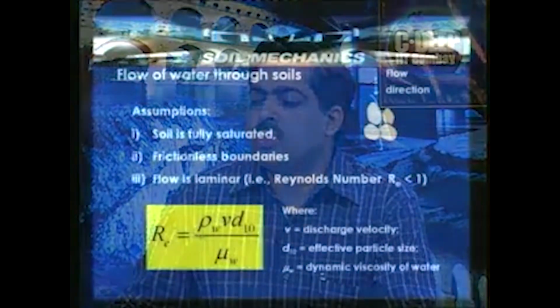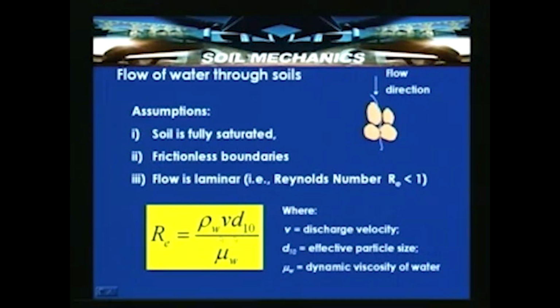We discussed that except for some coarse sands and gravelly soils, the Reynolds number will be very much less than 1. That means that the flow will be under the laminar regime. Then we define the Reynolds number as rho v d10 by mu, where d10 is the effective particle size, and v is the discharge velocity or superficial velocity, that is, the velocity at which the water is flowing through a particular area of cross section.